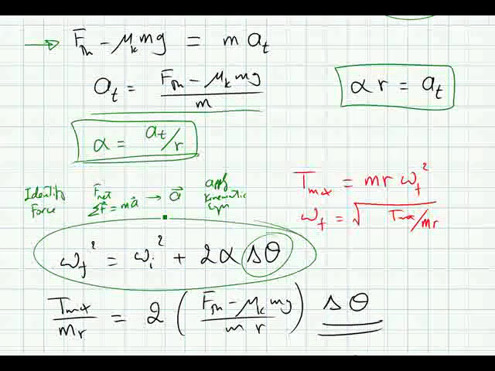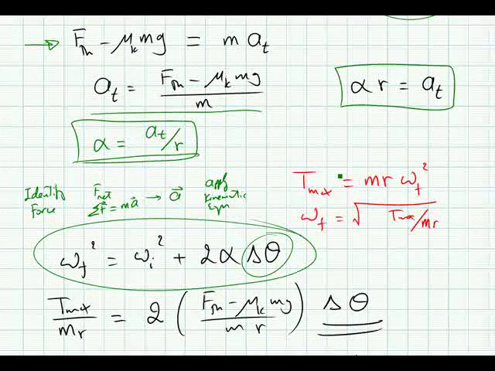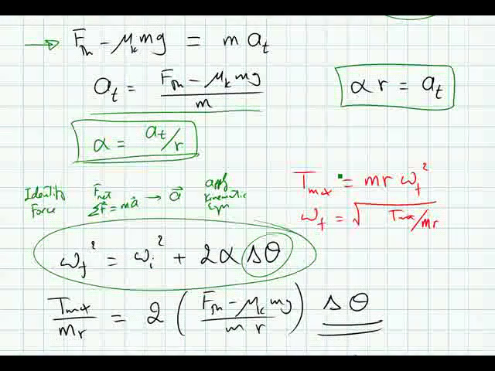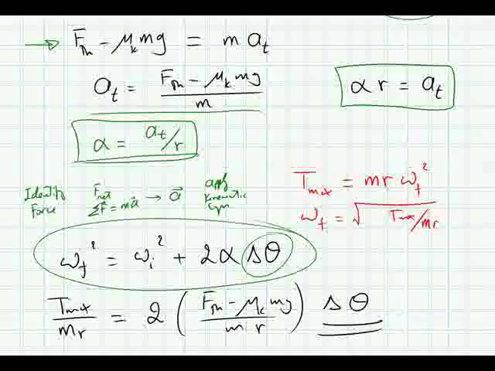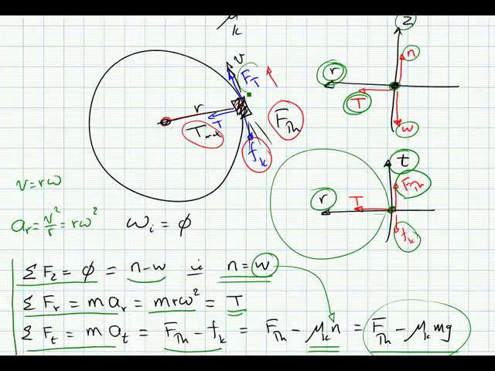In this problem, if we knew that there's a maximum tension before the string breaks, that is, the rocket of course provides a constant acceleration forward, so we expect our hockey puck to keep accelerating.